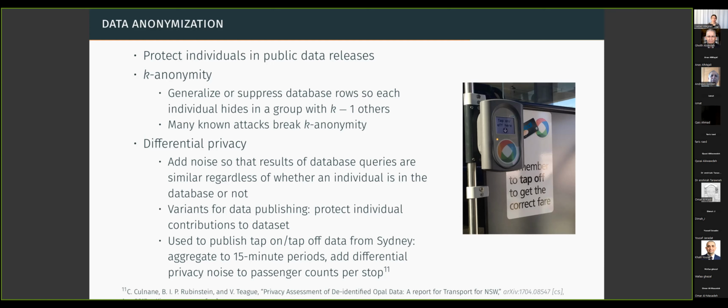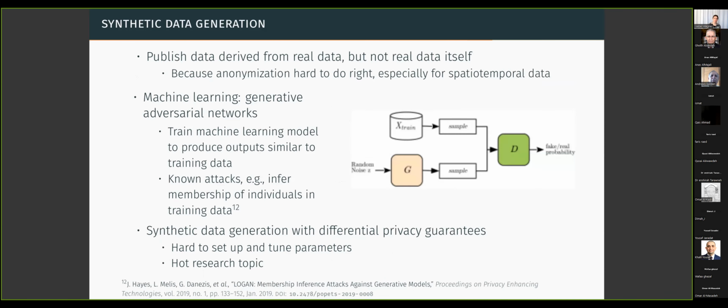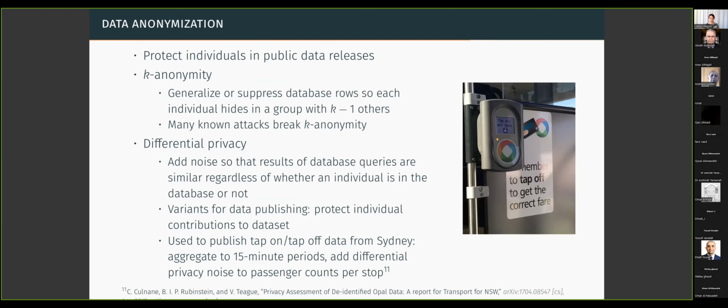Okay, so aside from releasing data, a problem with releasing data is that it can be really hard, especially if you have very fine-grained data. Let's say you have a location trace. So if you think about the Sydney example, right?